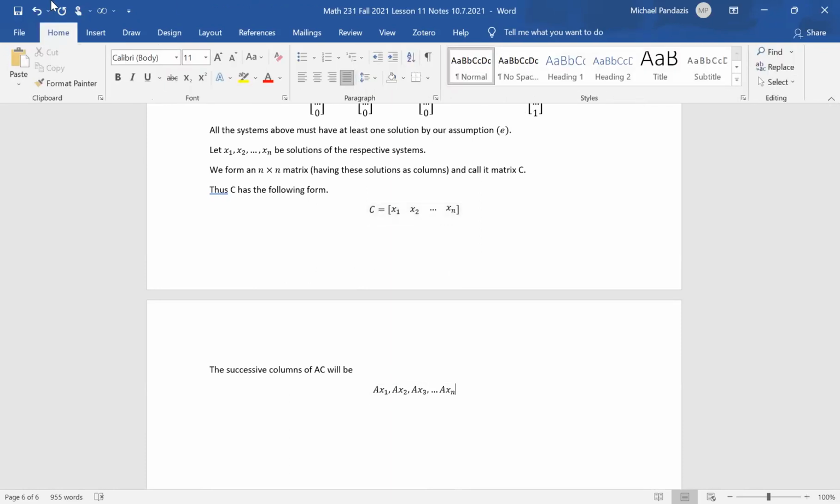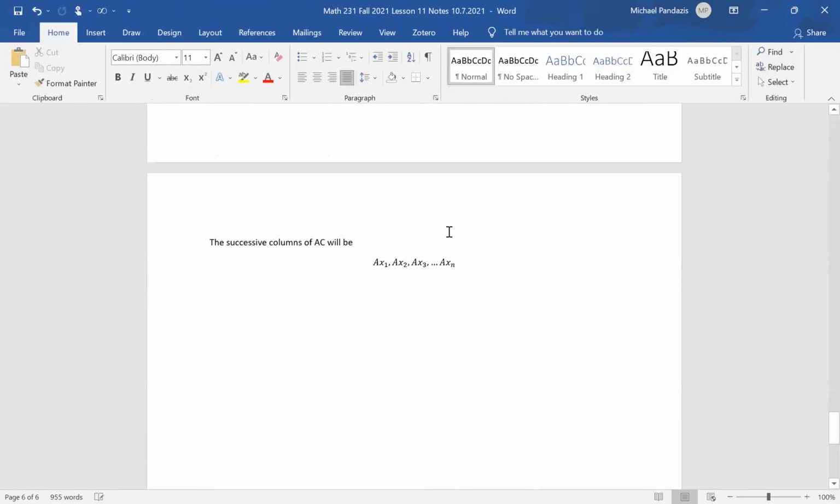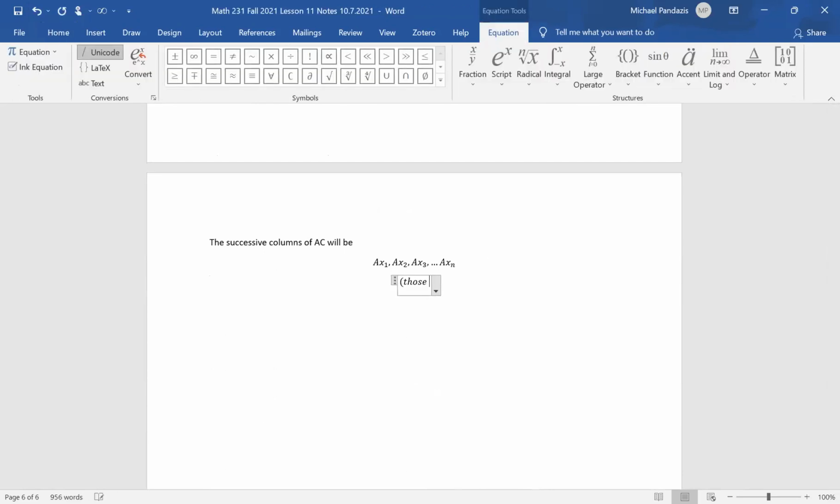Those are the n columns of the matrix AC, in order from left to right.